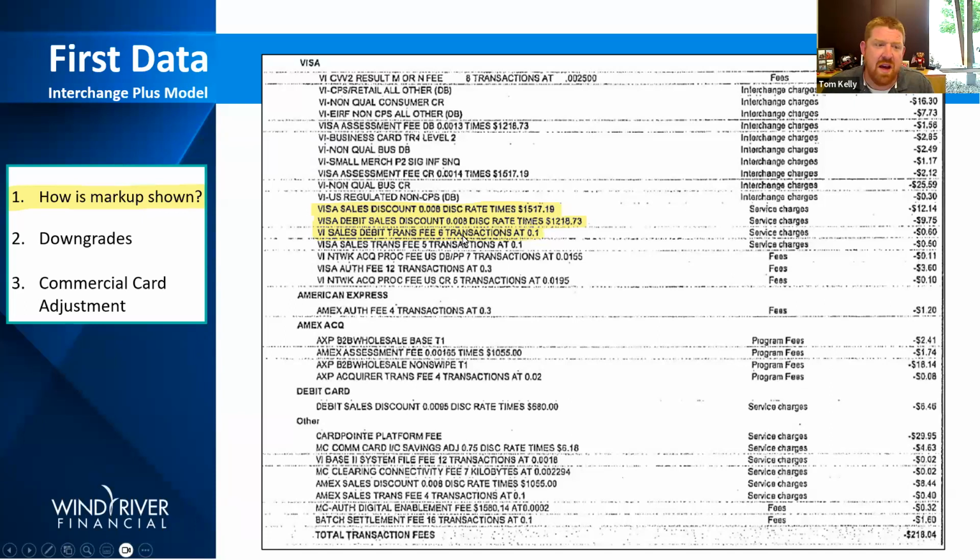Now, one thing I noticed looking at this statement, something that we see is when you see non-qualified when describing a card type, so non-qualified consumer credit or EIRF, electronic interchange reimbursement fee. Sometimes it is enhanced, or like I said, ERF.